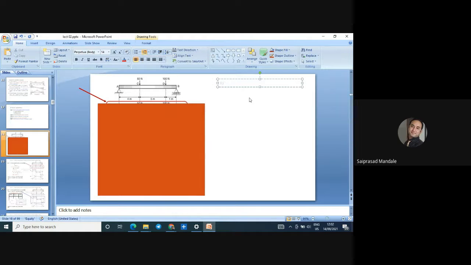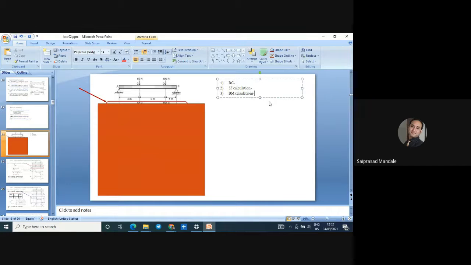Tell me the steps. First, the reaction calculation. I'm writing in short, but you don't have to. First step is the reaction calculation. Second step is SF calculations. Third is BM calculations.